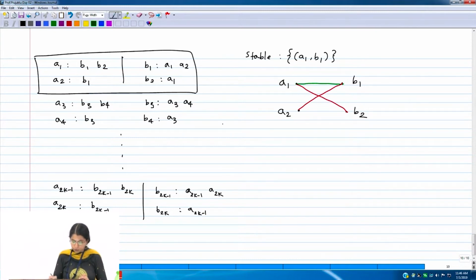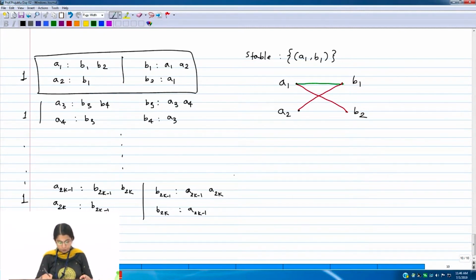Right? So if we take these k copies, here also there is a stable matching of size 1. This part is actually independent of this. So there is a stable matching of size 1 and so on. So overall, if we take this whole big example, we have a stable matching which has size k. So I just took this small example and made many copies of this example and renamed the people in that.